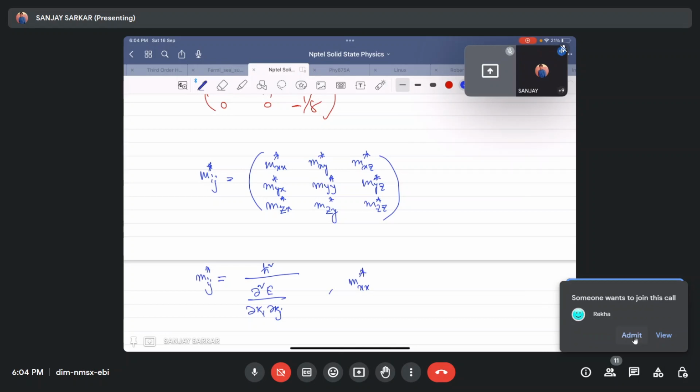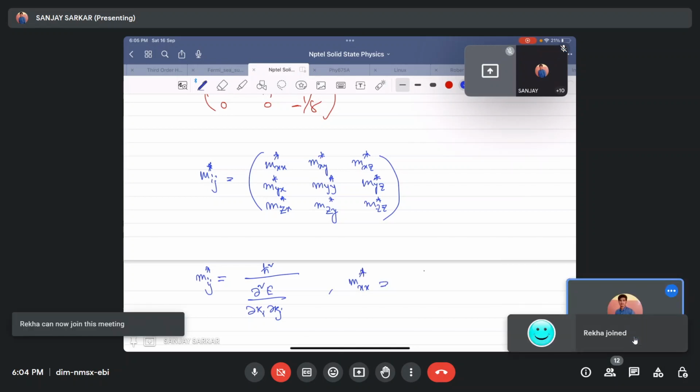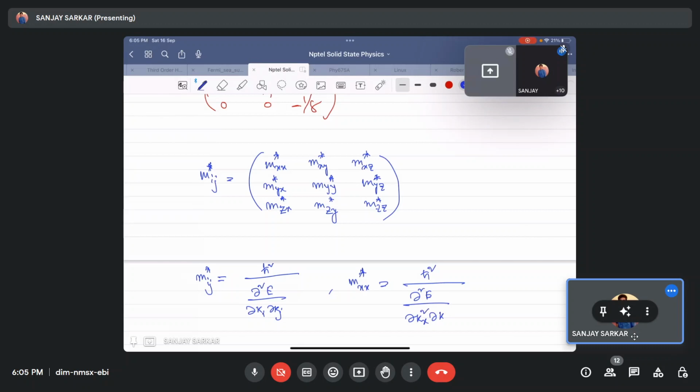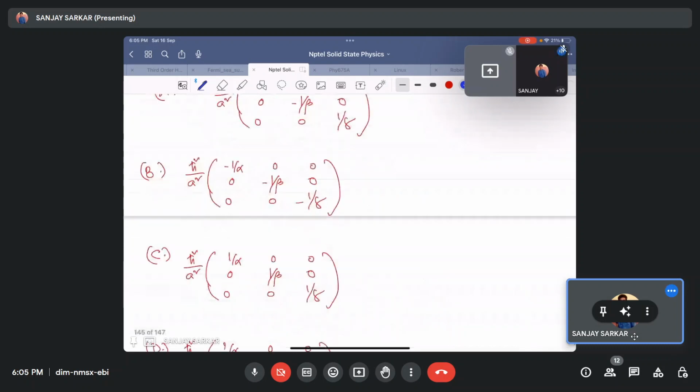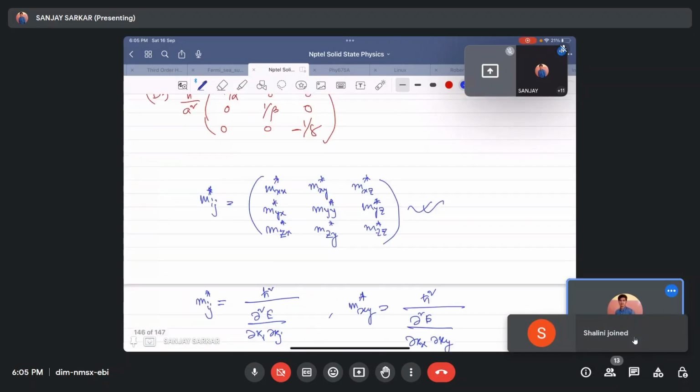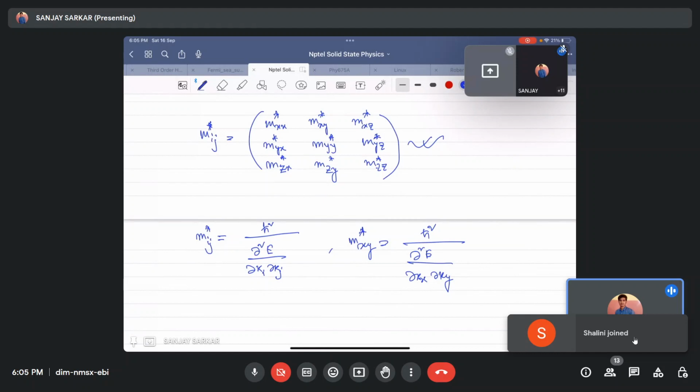So mxx star can be calculated as h bar square by d2E by dkx squared. Then if you want to calculate, let's say, mxy star, it will be d2E by dkx dky. So in this way you have to calculate all the components of this tensor and find which of these four options is correct. Please calculate this by yourself, and I have to attend this call, so I'll be back in 5 minutes. Please calculate this.